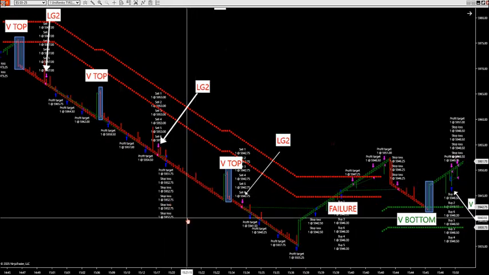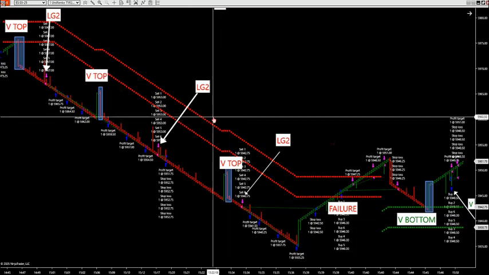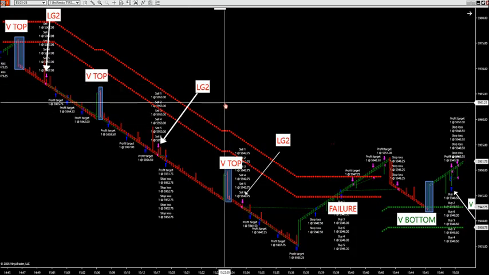All right, so we've got news coming out here in 2 minutes. We're going to look for the market to establish a trend, and then you can utilize this software as an order management system. Let the V-top or V-bottom get established and use it as a trade management system.